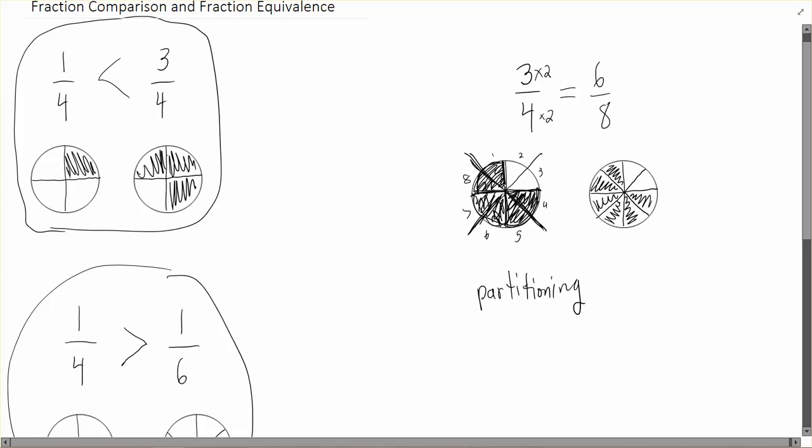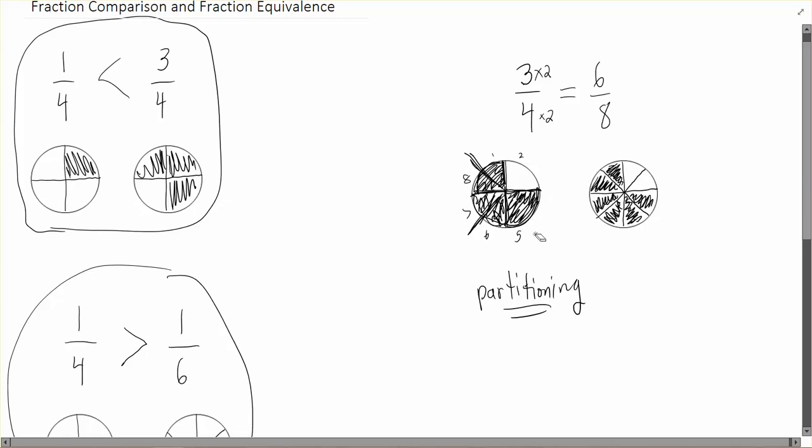So what we're actually doing when we do that multiplying is we're partitioning our bigger pieces into smaller pieces, and our corresponding ones we're interested in get partitioned as well, and we end up with the exact same thing we see over here, 6 of our 8 equal sized pieces shaded in. So that's what this whole times 2 thing is all about.